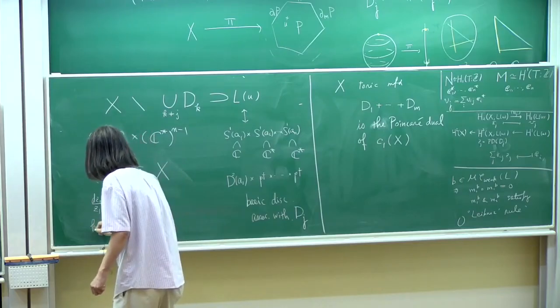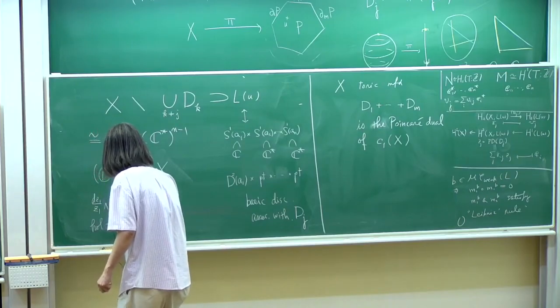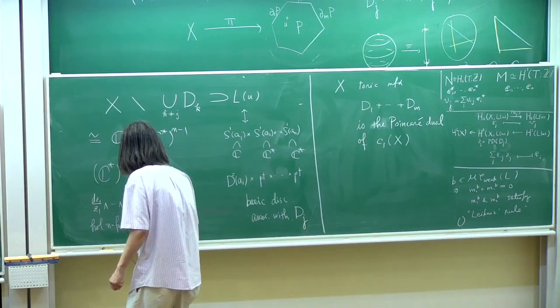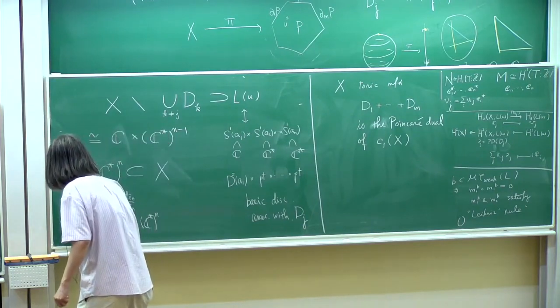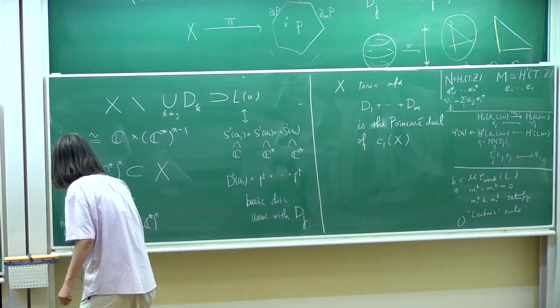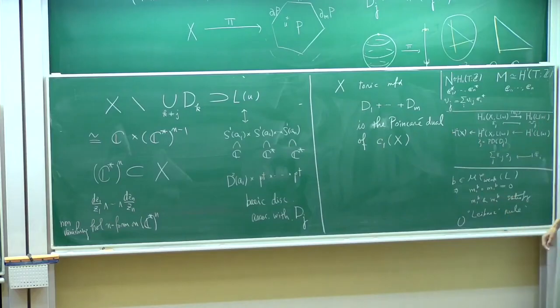This is a non-vanishing holomorphic n-form on this torus.